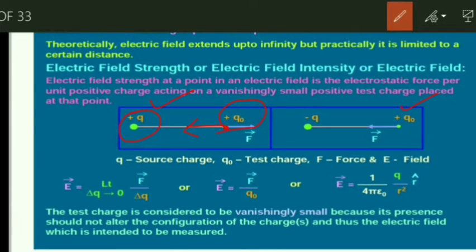In the other case, when this charge was a negative charge, on entering the test charge into the field of this charge, it will show attraction toward this charge. So this will confirm there is a negative charge creating the field.